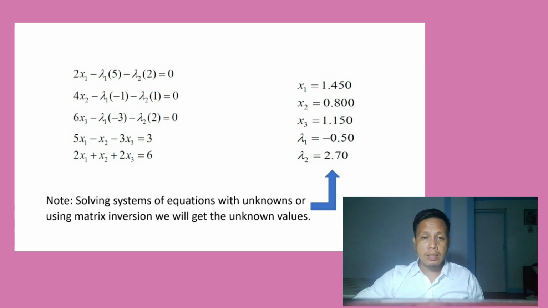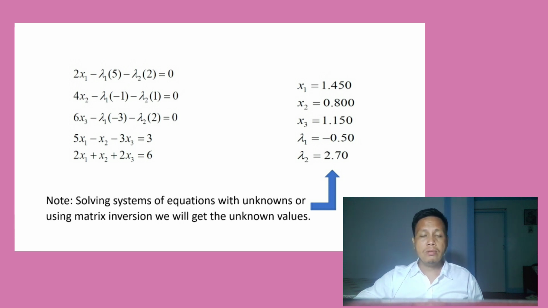Lambda 2 minus lambda 2 times 1 is the derivative of x sub 2. 6x sub 3 is the result of the derivative of 3x sub 3 square. Minus lambda 1 times negative 3. This negative 3 is the derivative of negative 3x sub 3.